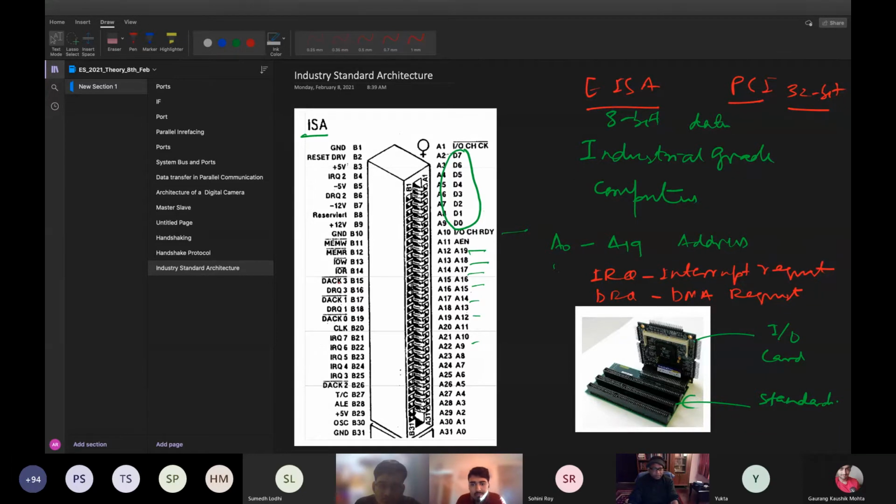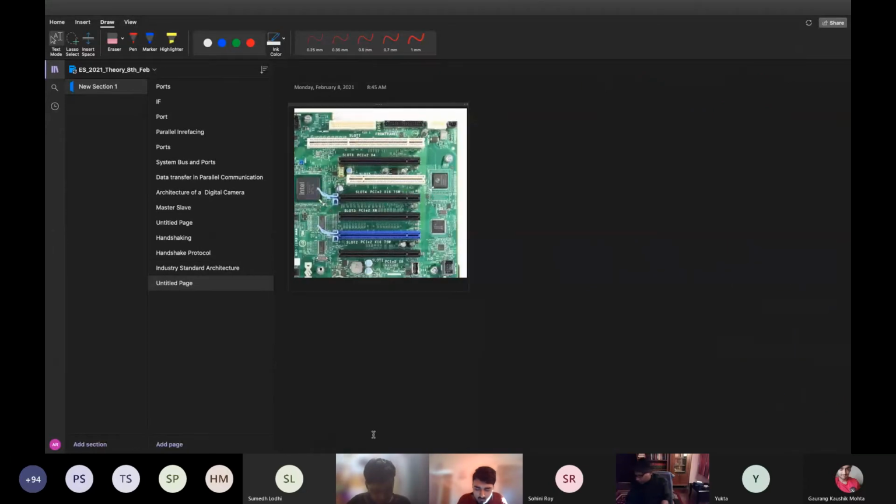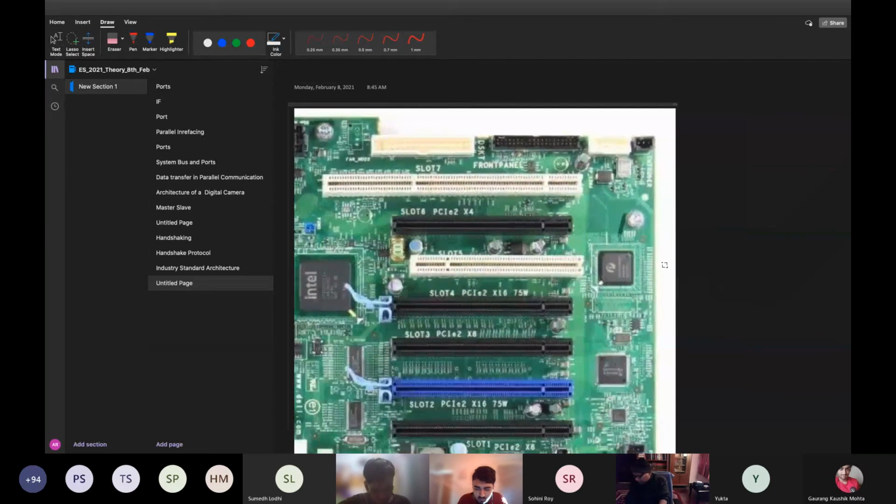I'll show you some day where there are PCI slots. You see, this is the motherboard.